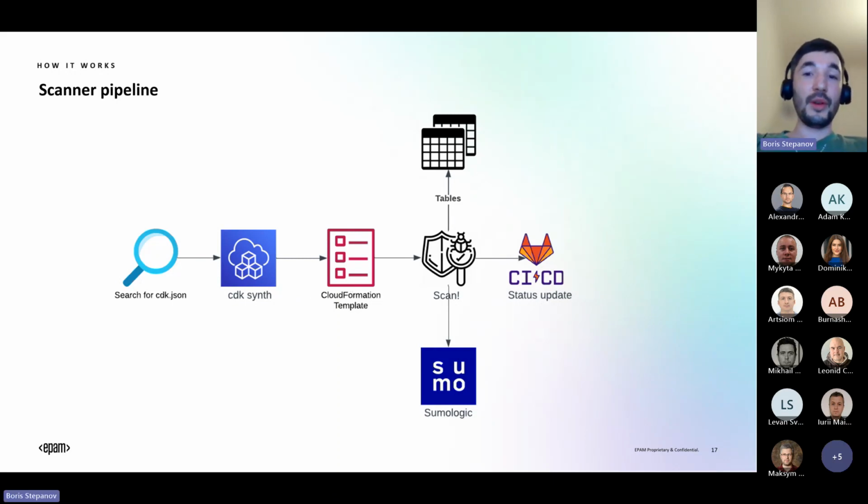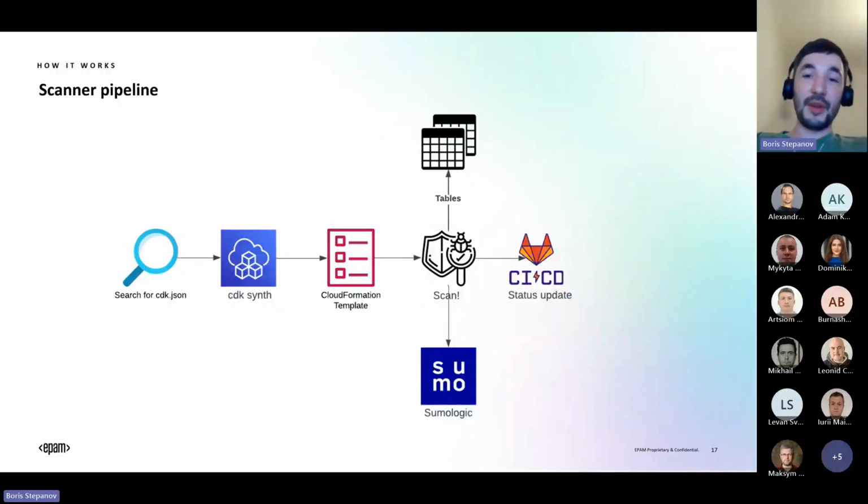After that, we are ready to scan, and the pipeline runs Regula against all these generated templates. And when we get the result, my custom scripts create a beautiful table to make results more human readable.